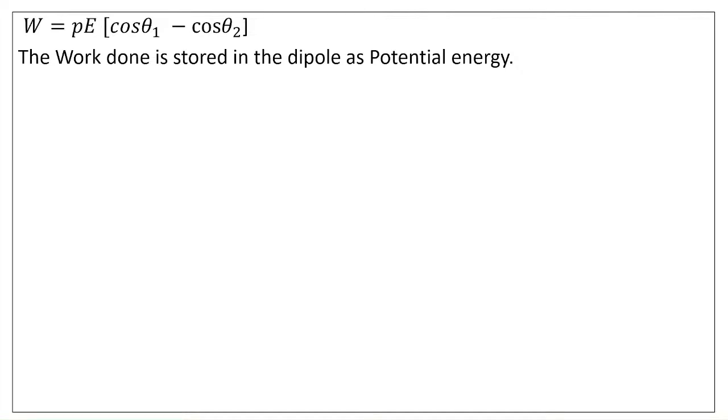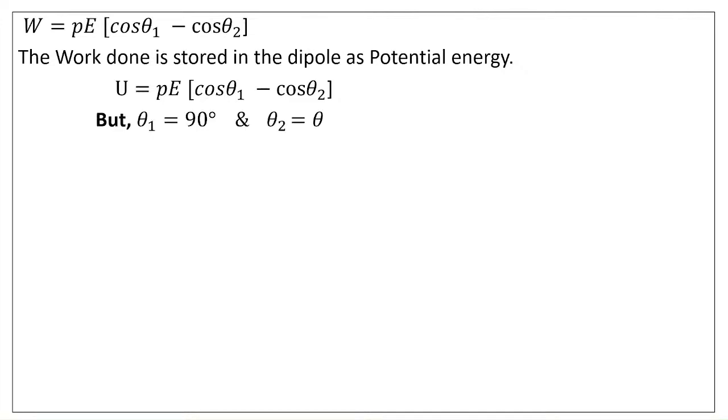The work done is stored in the dipole as potential energy. That is, U is equal to PE into bracket cos theta 1 minus cos theta 2. But theta 1 is equal to 90 degree and theta 2 is equal to theta. Substitute in above equation.